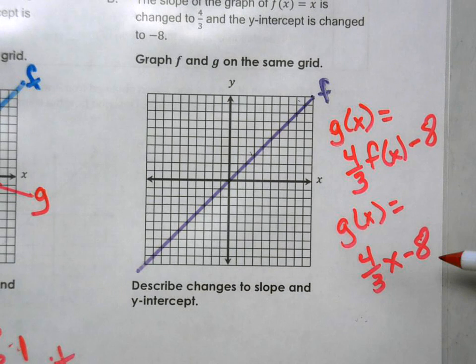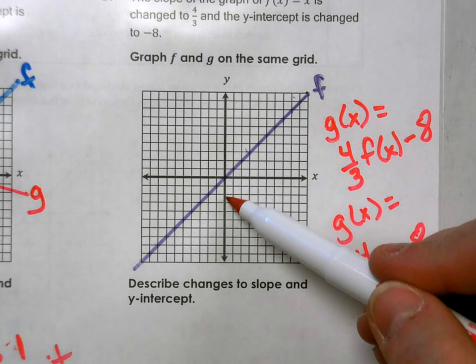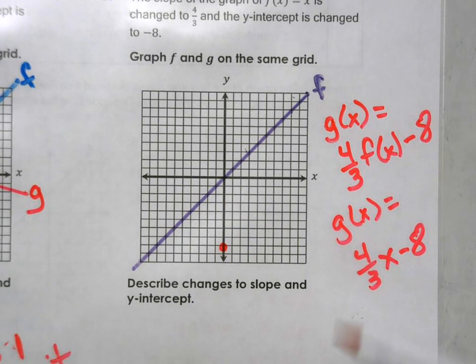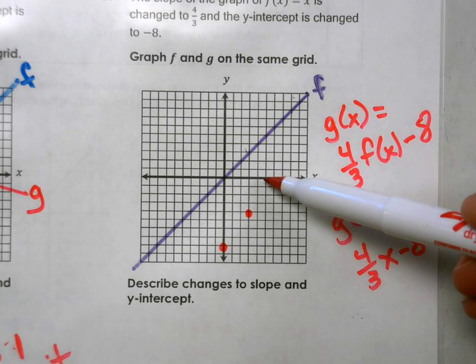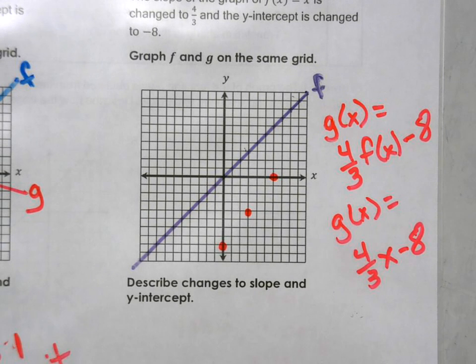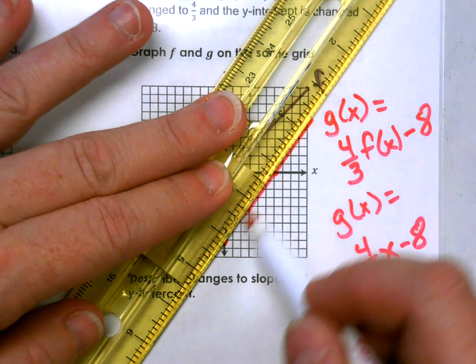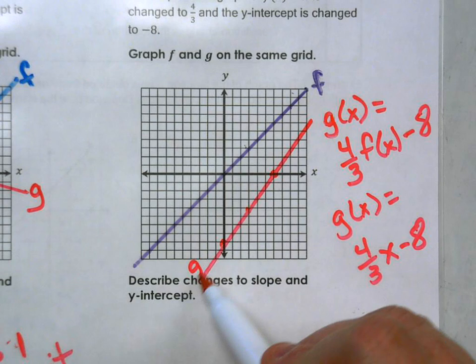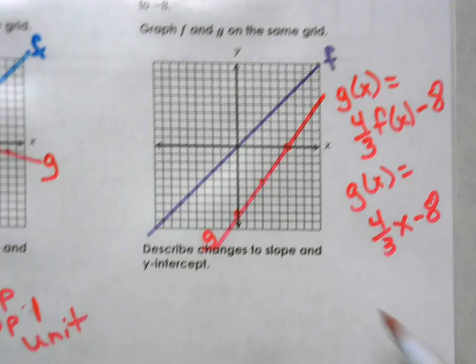And now we can graph this. Where are we going to start when we graph it? -8. Okay. And then what? So up 4/3. So did this one get reflected? Okay.